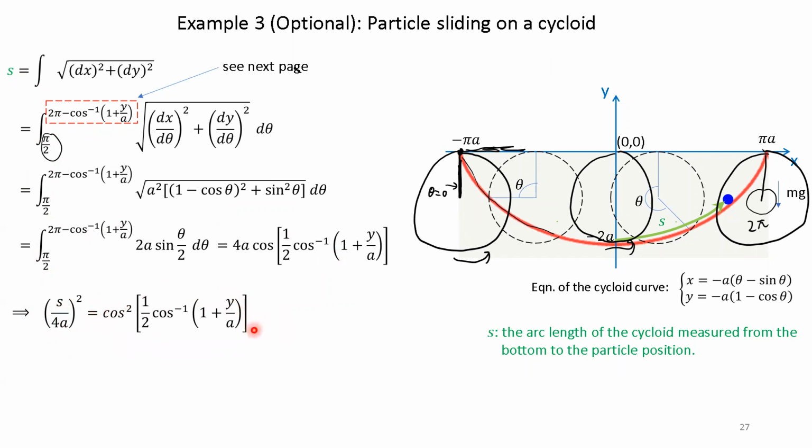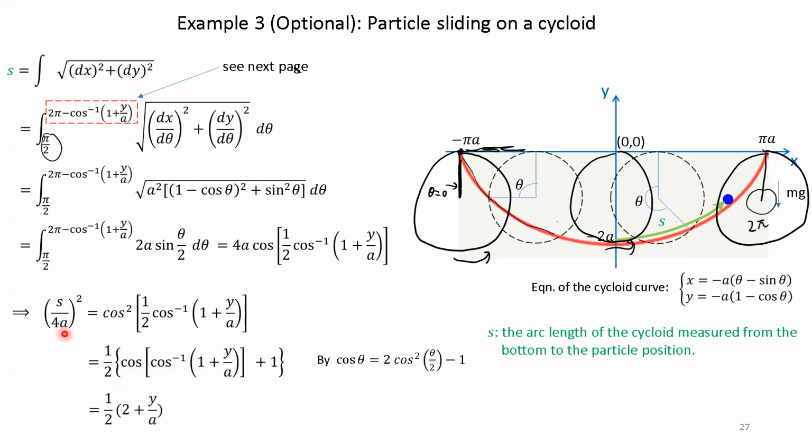Next, at the end I want to express y in terms of s, instead of s in terms of y. So here, using this double angle, half angle formula, we express this one as this one. Now it's nice because I have this cosine and cosine, and I can cancel this. So then it's quite simple actually.